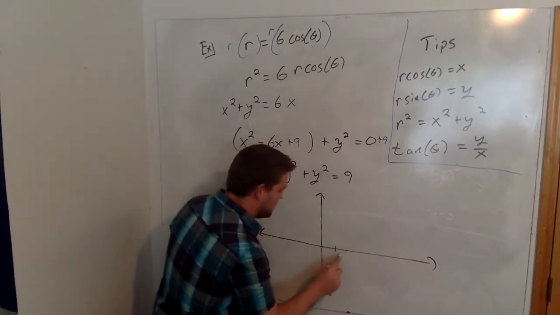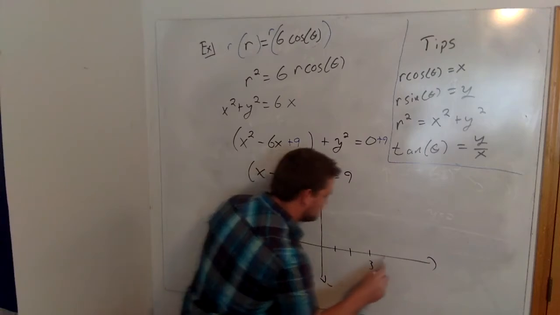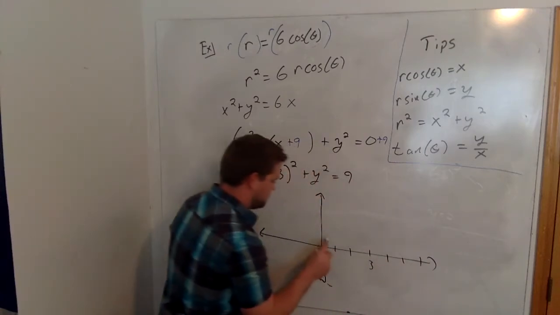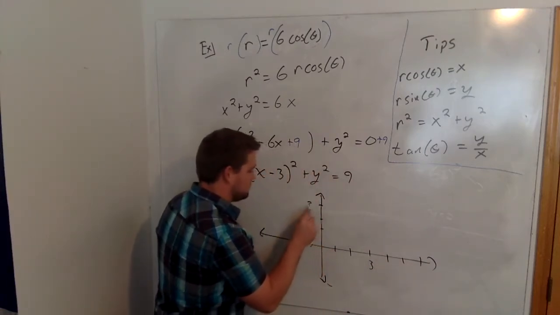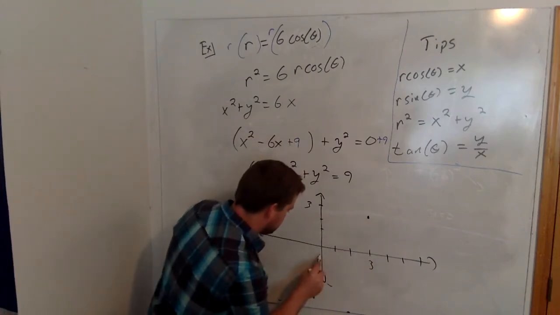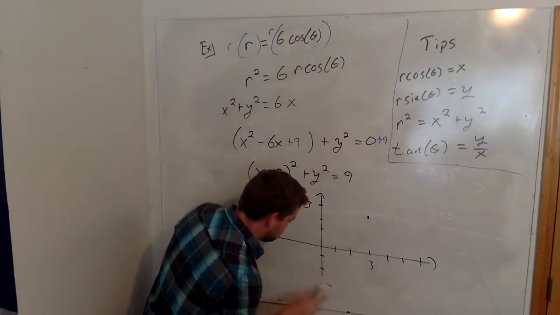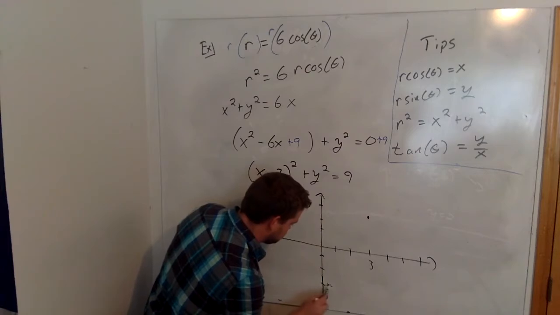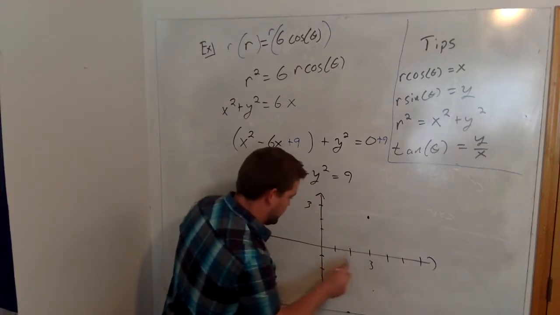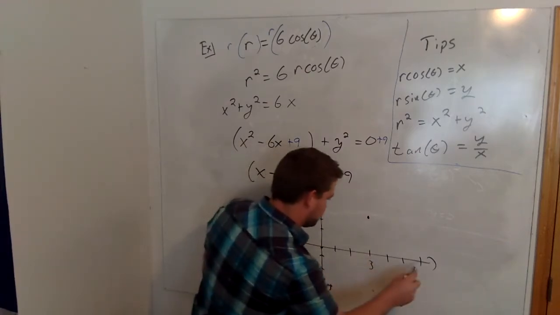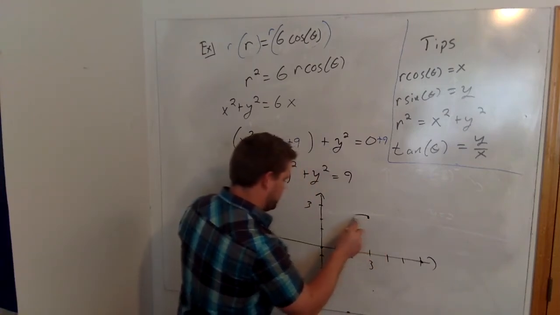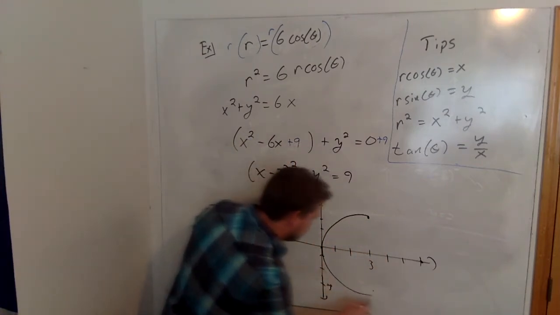Okay, 1, 2, 3. So we have our circle of radius 3. I tried to be nice.